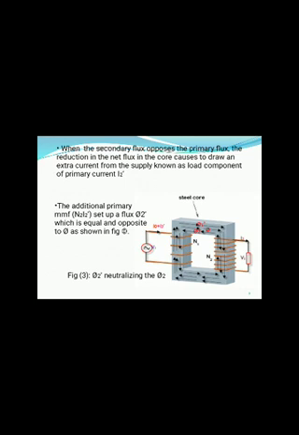Then φ2 dash minus φ2 is 0, and the remaining flux is only φ. Since φ2 equals φ2 dash, the net flux in the core is φ, therefore the same as at no load, as shown in the figure.